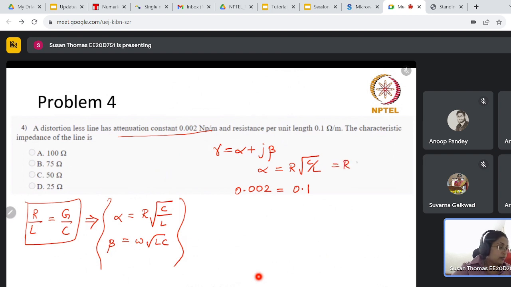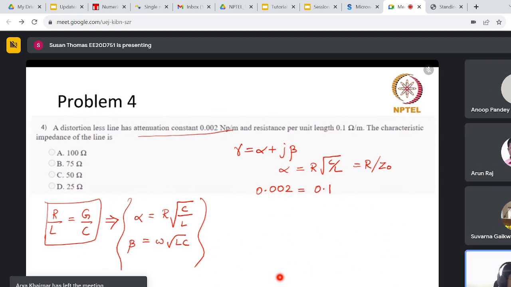That will be written as 1 by Z naught, because Z naught is root of L by C. So we can write alpha as R by Z naught, and Z naught will be 0.1 divided by 0.002.